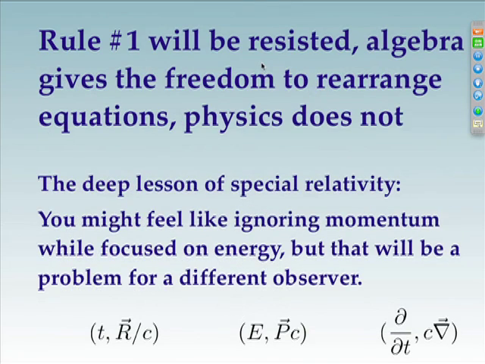It will be resisted. Somebody said, and I'm not remembering the quote exactly, something about how lucky we are that math gets along so well with physics. But is there any tension there?